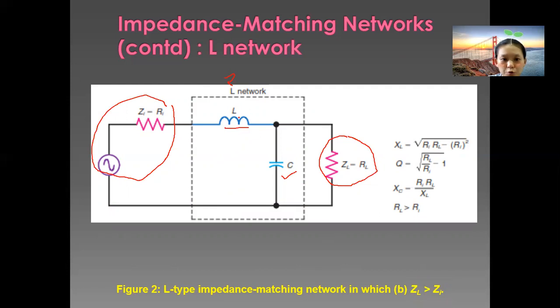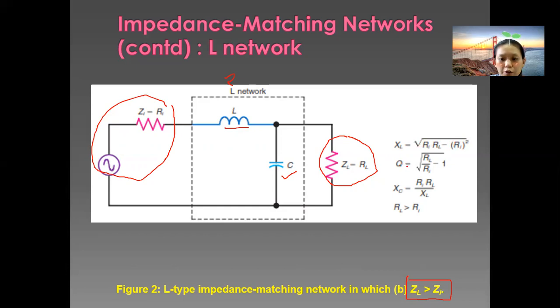For this type 2, it starts with the inductor, then goes to the capacitor. In this case, the load impedance will be bigger than the input impedance. So we can calculate XL equals the square root of Rin times (RL minus Rin squared).